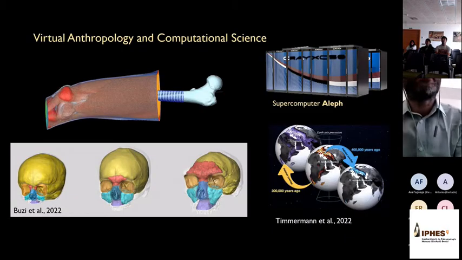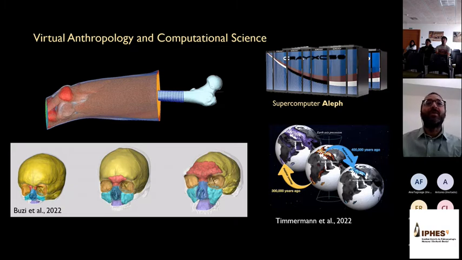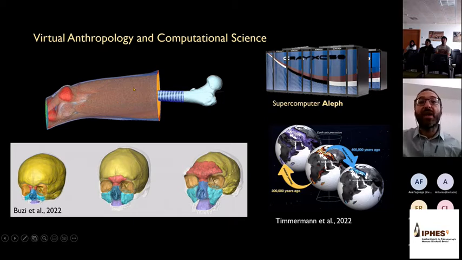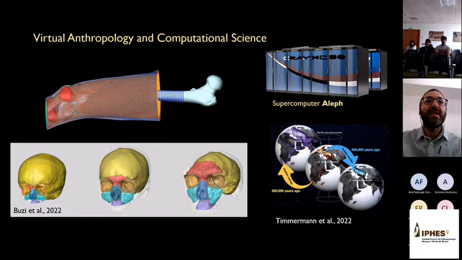When we talk about virtual anthropology, we mean an interdisciplinary approach to the study. What we can do is apply medical devices like computerized tomography to acquire the 3D model of a human fossil or skeletal material.